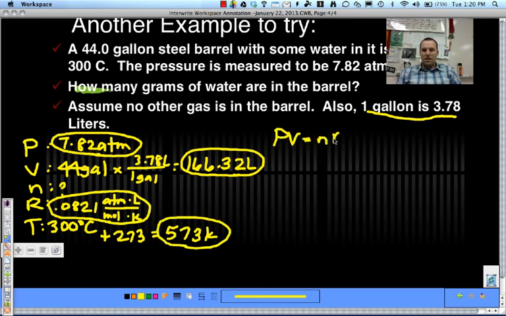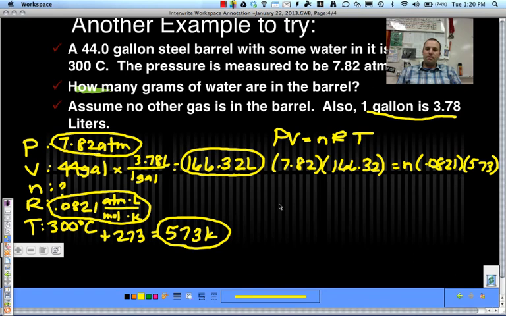PV = nRT. Pressure 7.82. Volume 166.32 equals N times R 0.0821 times T 573.